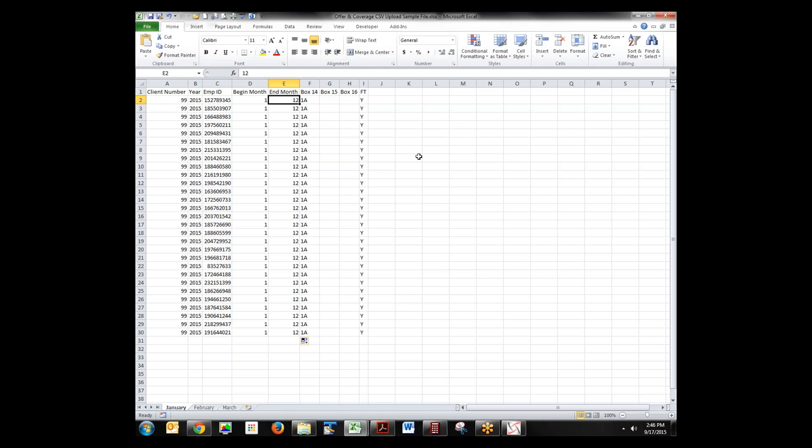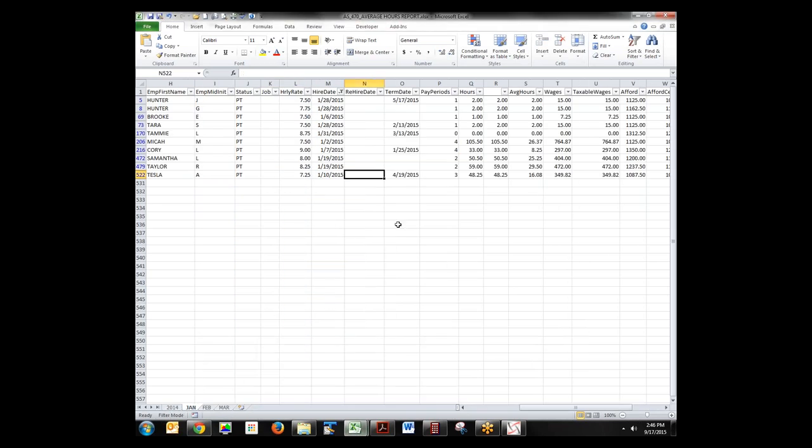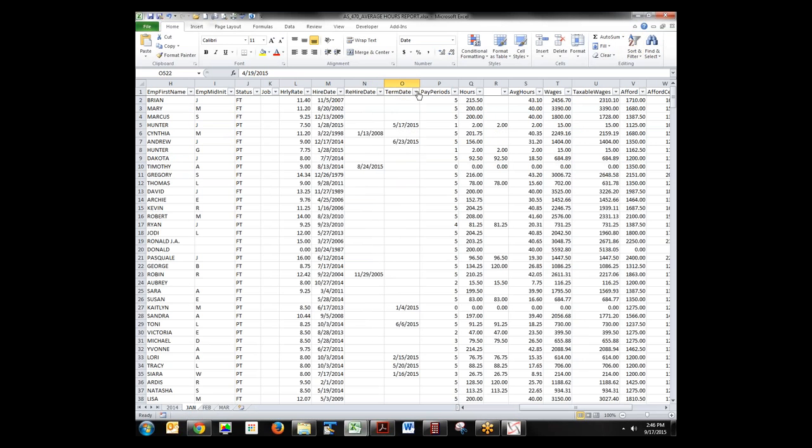So as I said, what we can do is load all these employees as of January 1st, all my full-time employees. I'm going to assume that they're just going to be working for the entire year. And then when I'm running the monthly average hours report, and I filter it for just employees that were terminated in the month, I can do it that way too.